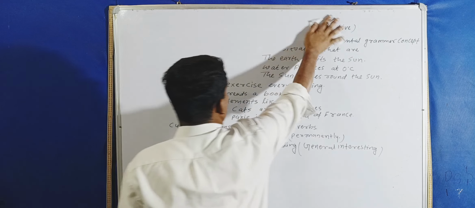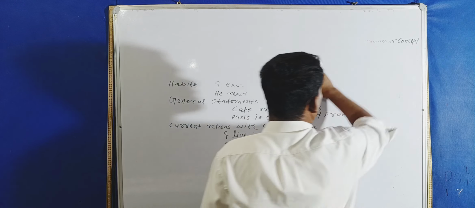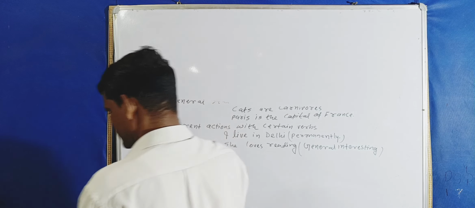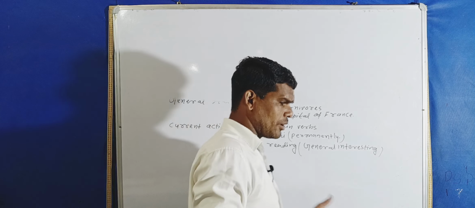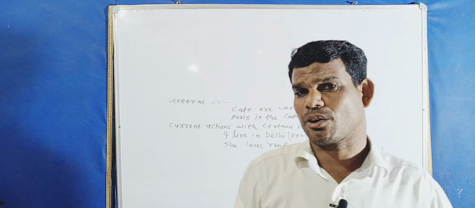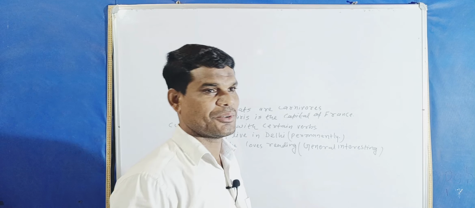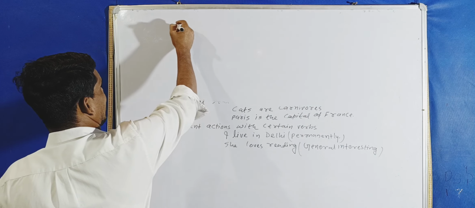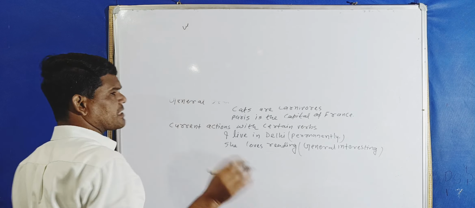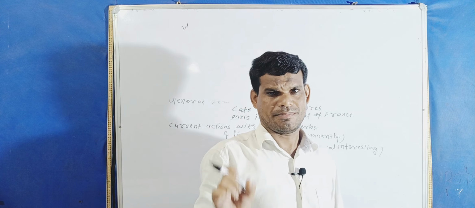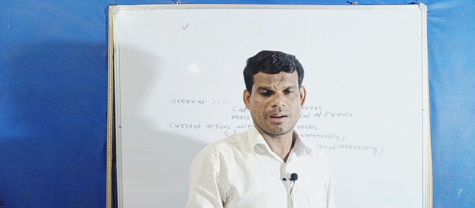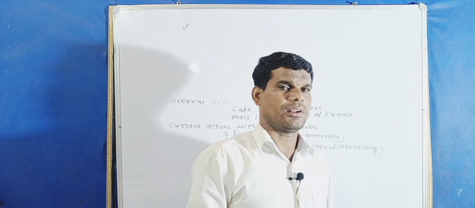Let's understand. Here the verb 1 and verb 5 are used according to the subject. Verb 1 means the base form of the verb. The base form of the verb is called verb 1.